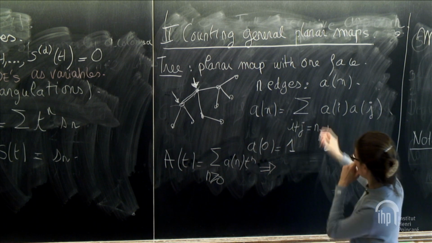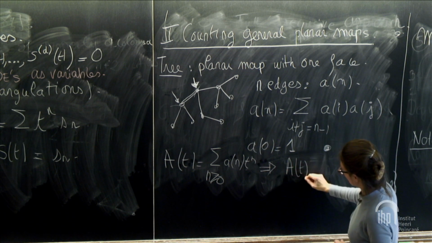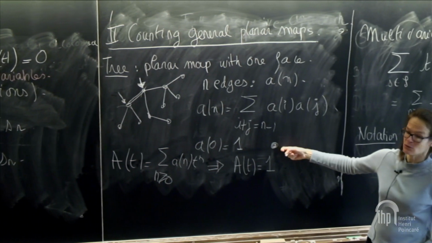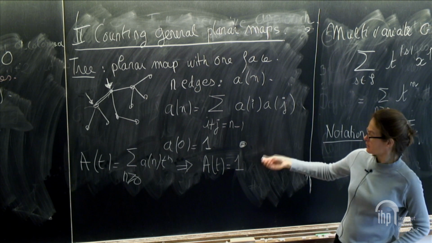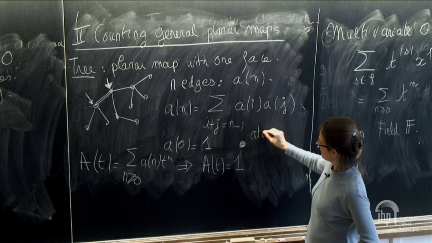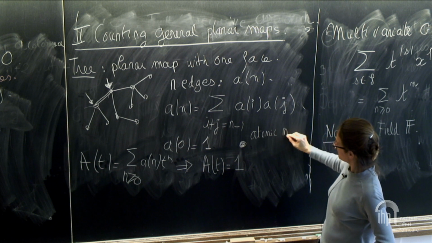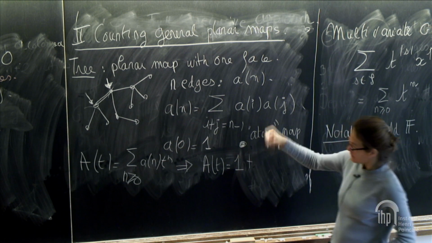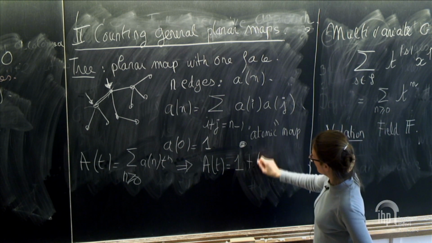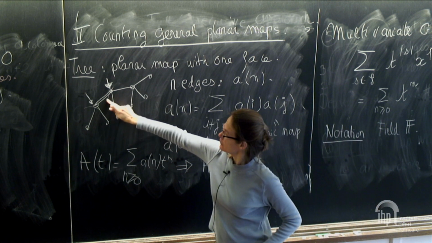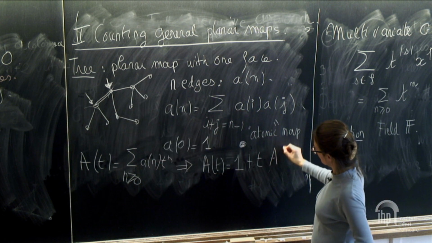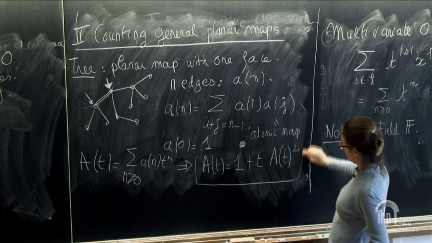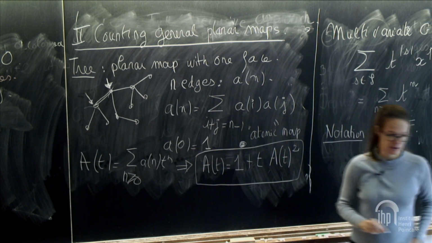What this recursion says is that this series has some initial term, 1 t to the 0, corresponding to this atomic map or tree, as I sometimes call it. And then come the bigger objects, which are obtained by concatenating the root edge and two rooted trees.